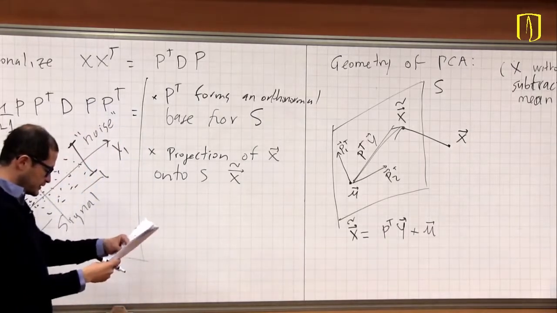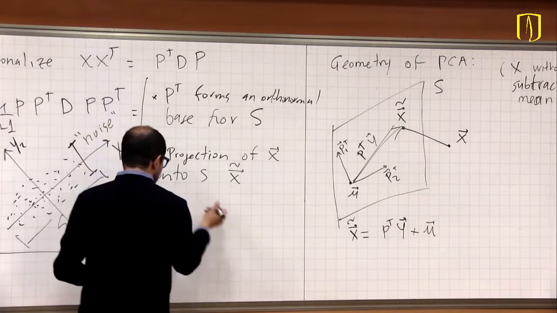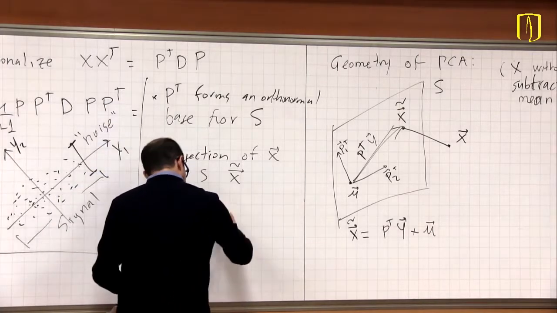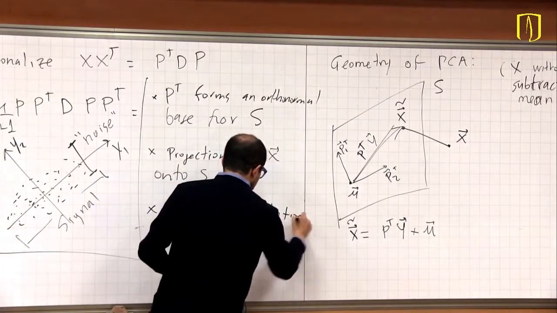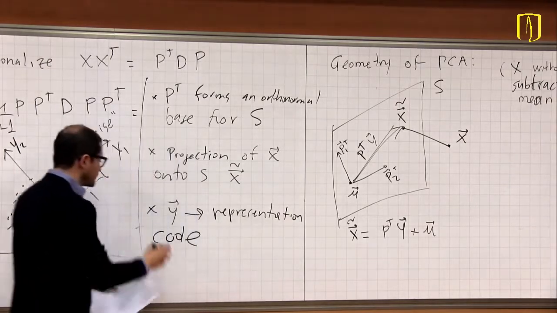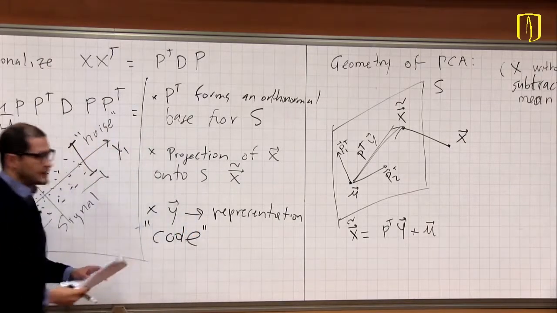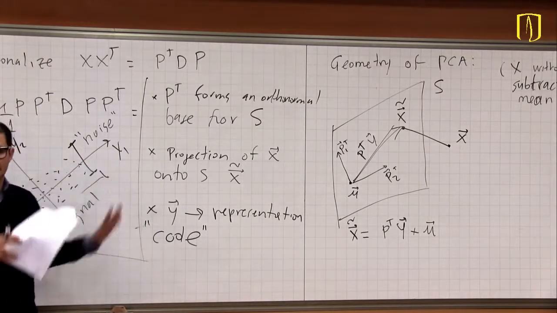There's one more thing I wanted to point out. Y is called the representation, or code. Okay, so that's the geometrical interpretation of PCA.